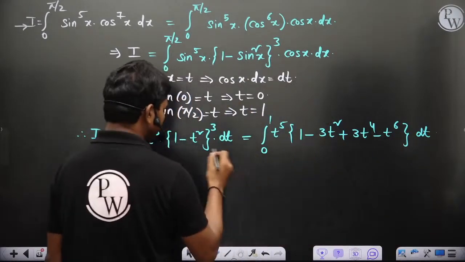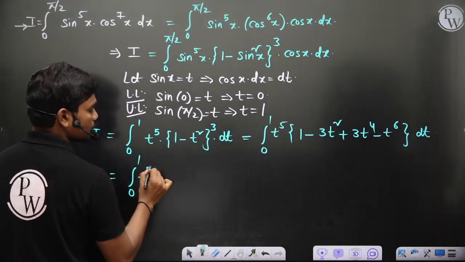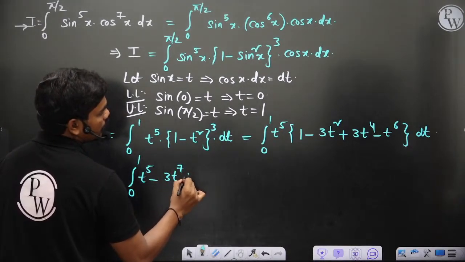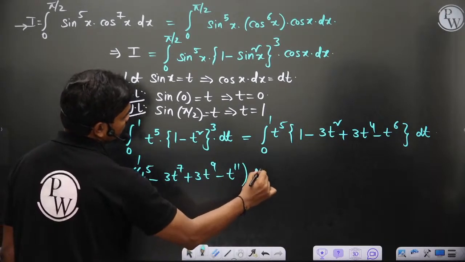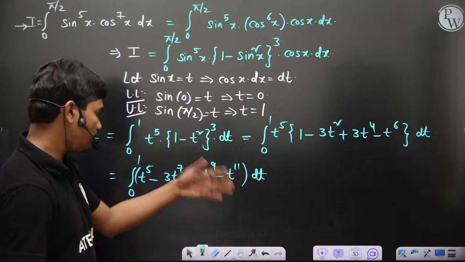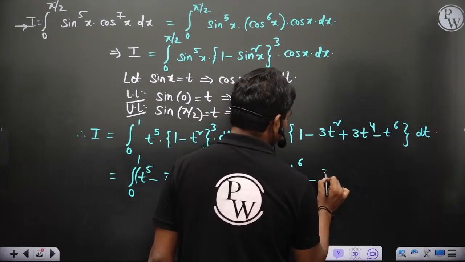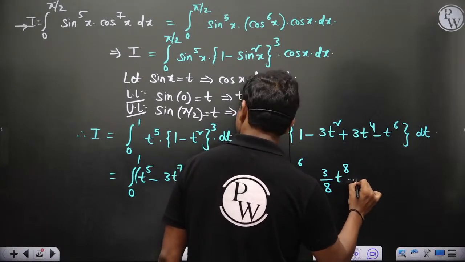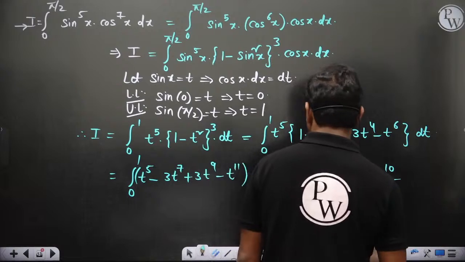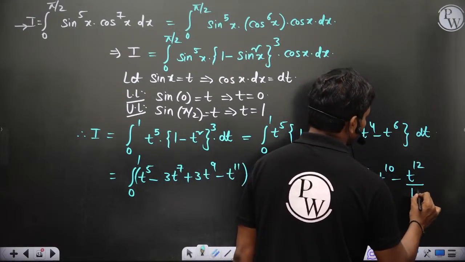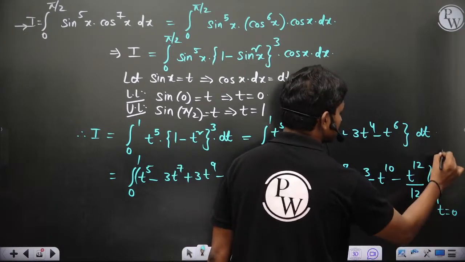So ultimately if you multiply this, you have integral 0 to 1 of t^5 minus 3t^7 plus 3t^9 minus t^11 dt. Now if you integrate, you have t^6 by 6 minus 3 by 8 t^8 plus 3 by 10 t^10 minus t^12 by 12, with limits of integration from t equal to 0 to t equal to 1.